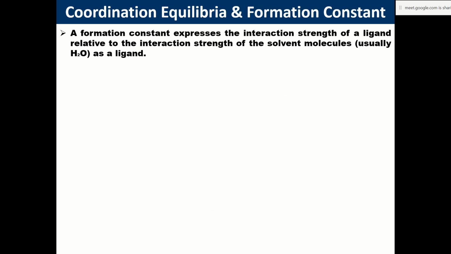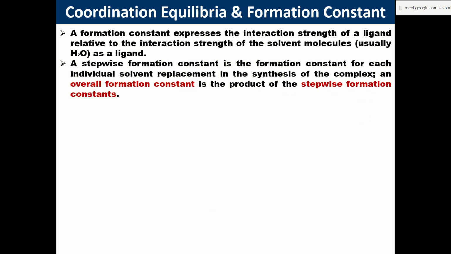Okay, so this is what I was telling you, that everything has to be visualized in a stepwise manner as a replacement of water from the M(H2O)6 complex. So like that, you have to see it like H2O.